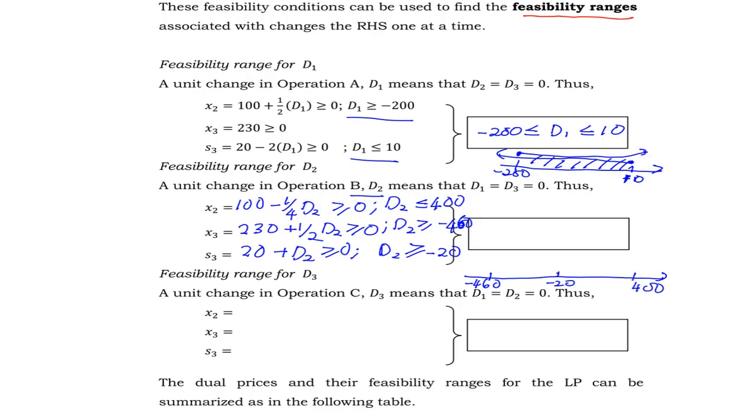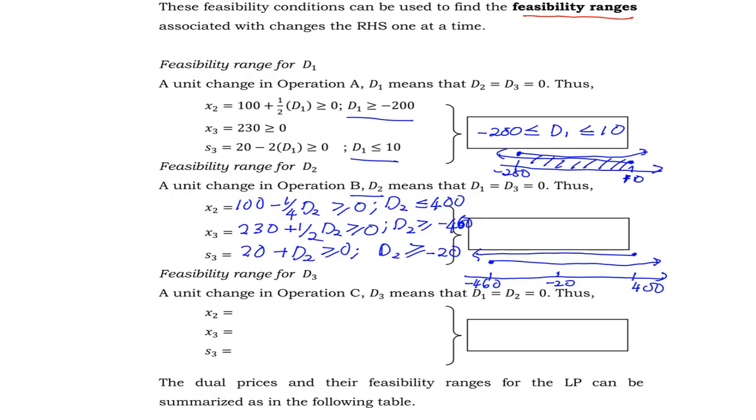So the first inequality, D2 less than or equal to 400, so less than, to the left. Okay, second, greater or equal to negative 460.